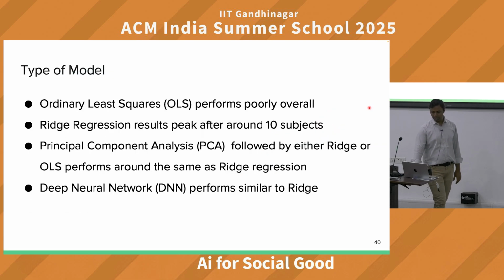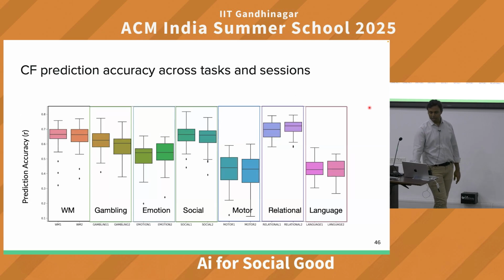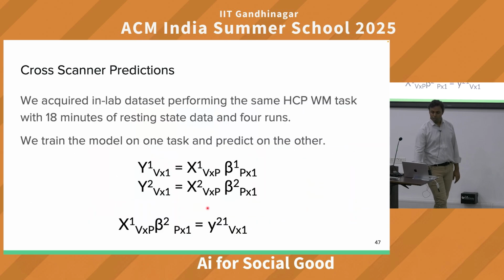So this is a summary. Then we wanted to look at test retest. Test retest क्या है कि आपने कोई चीज इस साल करी, आपने उसे एक साल बाद repeat करी, should be similar. That is what we want with test retest. Our model had a fairly accurate test retest across all the different tasks. We also wanted to look at, so different MRI machines have a different way that data gets computed.